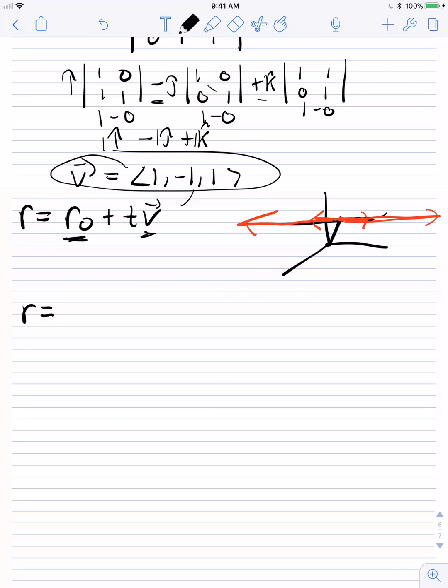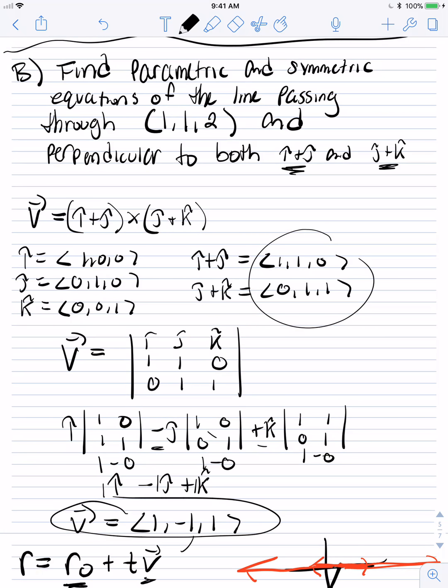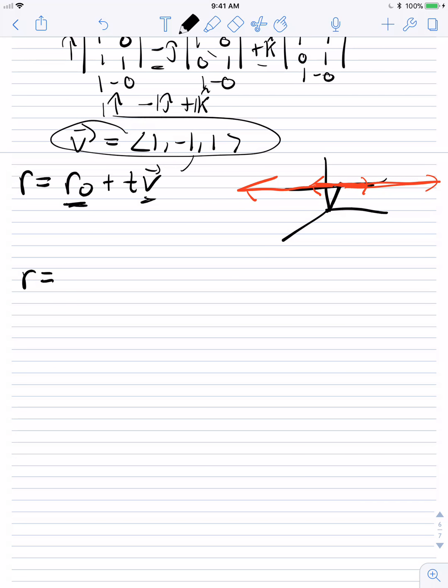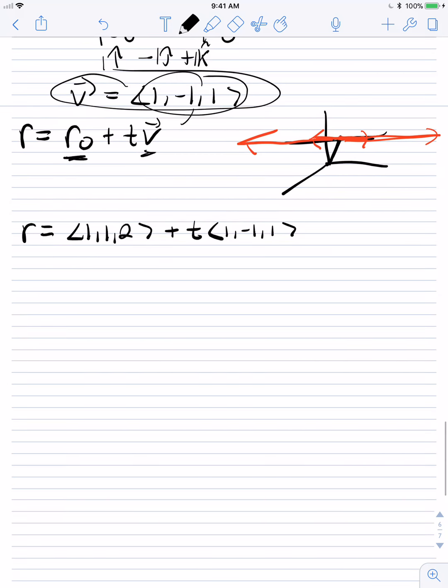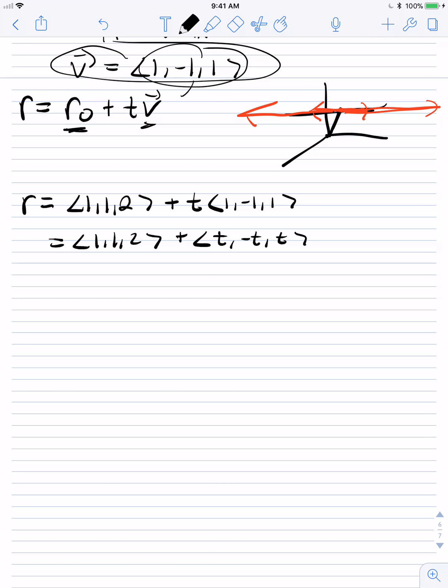So filling in what we know, our point (1, 1, 2), we're going to write in vector form for r naught, (1, 1, 2), plus t times our vector that we found right here, (1, -1, 1). If I distribute that t, we get the vector (t, -t, t). And now we're just adding components.